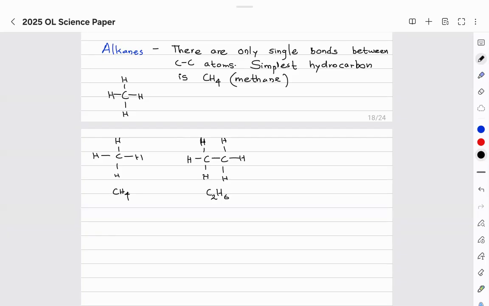Kavin, you are correct. Amir, you are correct. Razin, you are correct. Right? It is C3H8. Exactly. 3 carbon atoms and 8 hydrogen atoms.